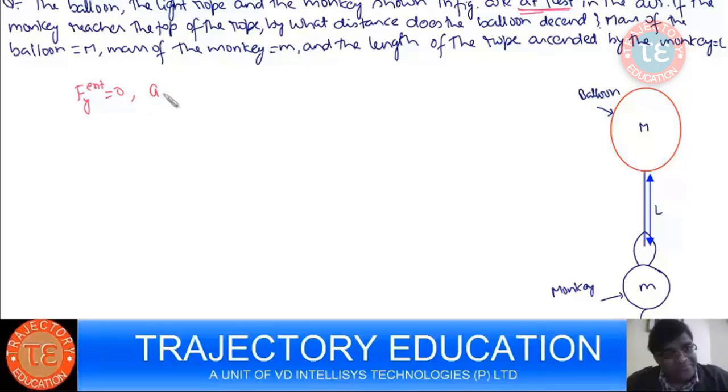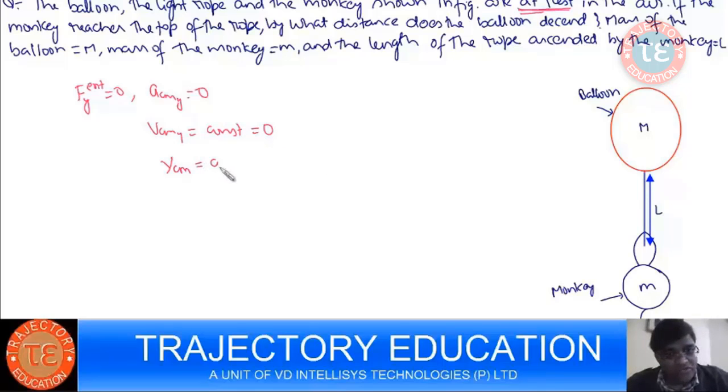It means ACMY is 0. When ACMY is 0, VCMY is constant, and initially the velocity of the monkey as well as the balloon was 0, so VCMY is also 0. When VCMY is 0 at t equal to 0, it will always remain 0 because VCMY has to remain constant.